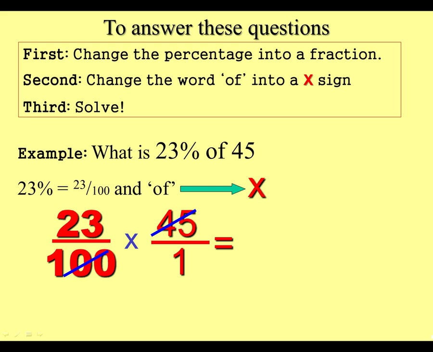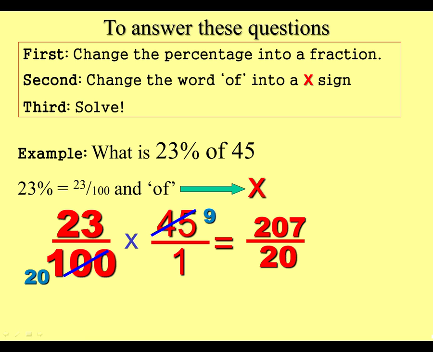They both end in 5 and 0, so it's got to be 5. So 45 divided by 5 is 9. 100 divided by 5 is 20. There you go, easier problem. So 23 times 9 is 207. And 20 times 1 is 20.